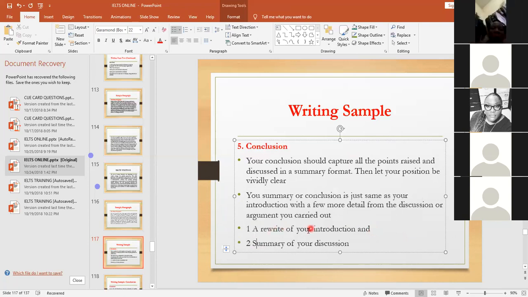So that's what you make your conclusion. You will need to capture everything all over again. I normally say an essay is like: tell them, that's your introduction; tell them, that's the body; and tell them again, that is your conclusion. So you will capture the story once again.